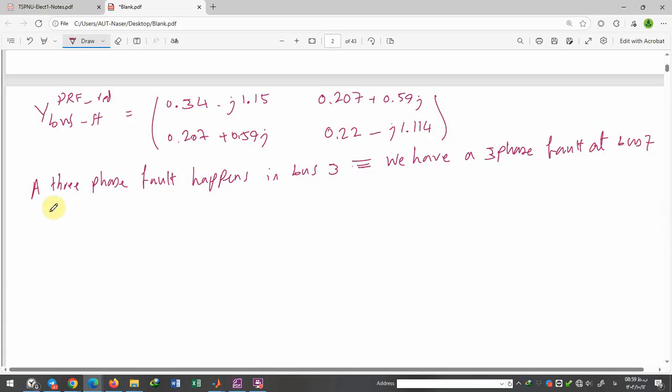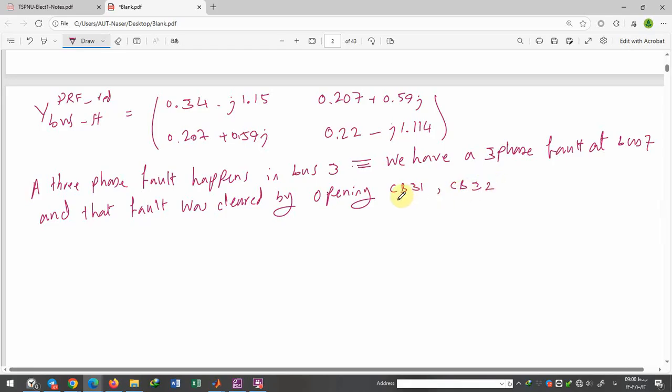And that fault was cleared by opening circuit breaker number 3.1 and circuit breaker number 3.2.